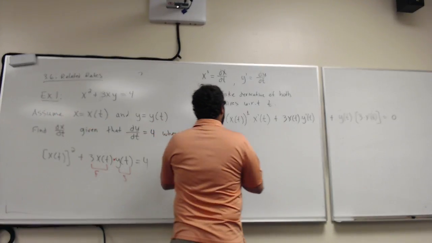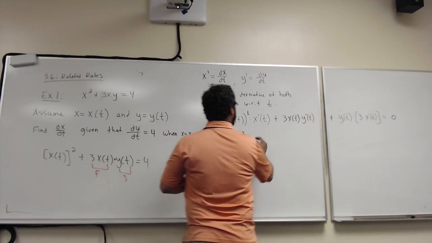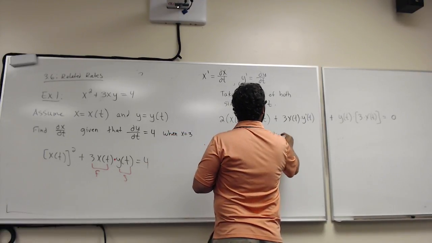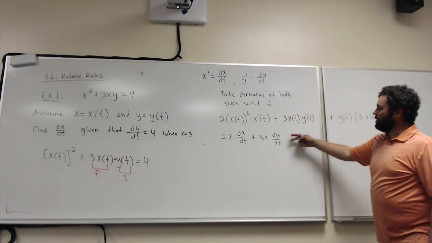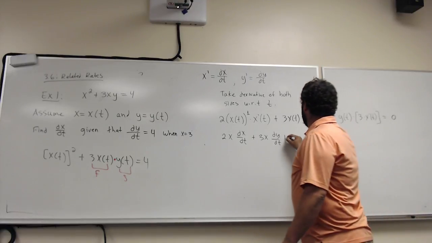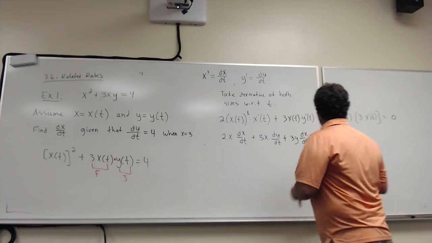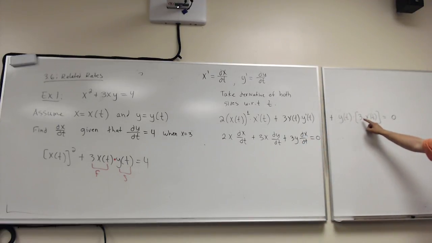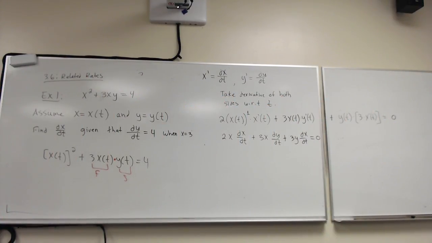Okay, so if I rewrite this now in the different notation, this is 2x dx dt plus 3x dy dt. So the x prime is dx dt, the y prime of t is dy dt. And then plus 3y dx dt equals 0. So that just becomes y, and that's 3 times dx dt. And then tomorrow when we start this, I'm just going to go straight from the beginning, straight to the x's, y's, and the dx and dy dt's. Okay.